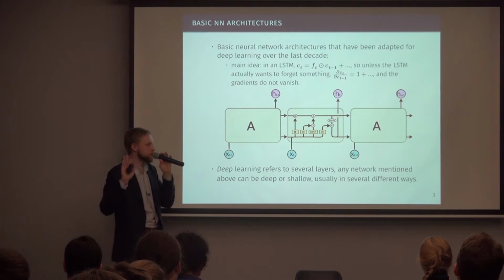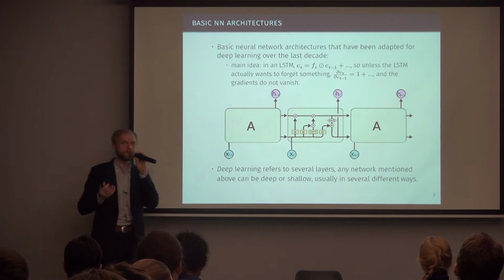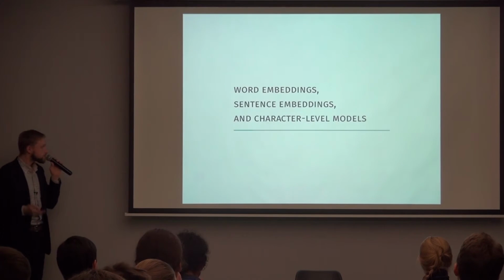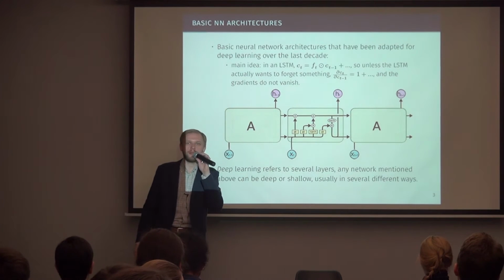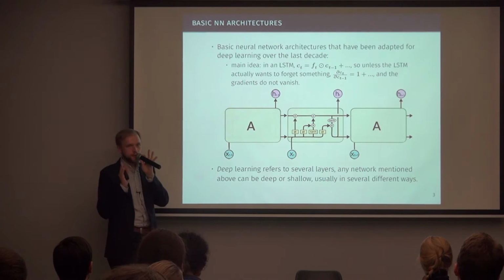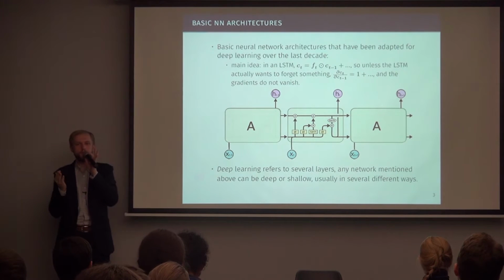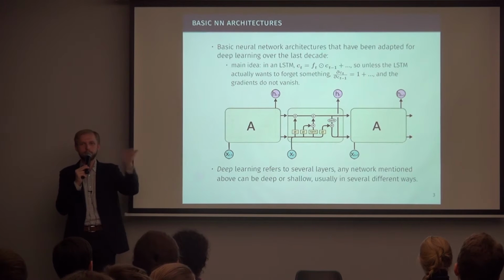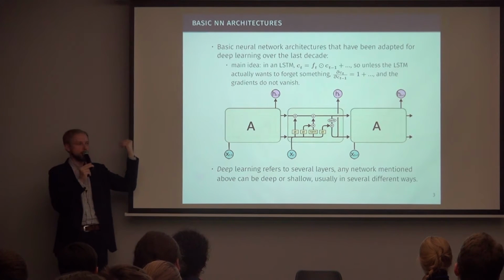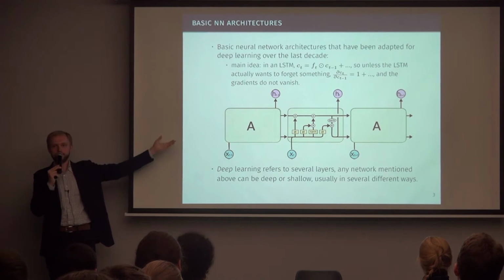I want you to have this as a takeaway point from my presentation. These were the basic, most often used architectures of neural networks: feed-forward, convolutional, and recurrent. And recurrent are usually done in the form of LSTMs.